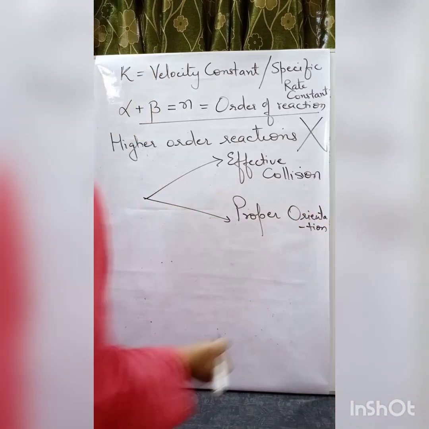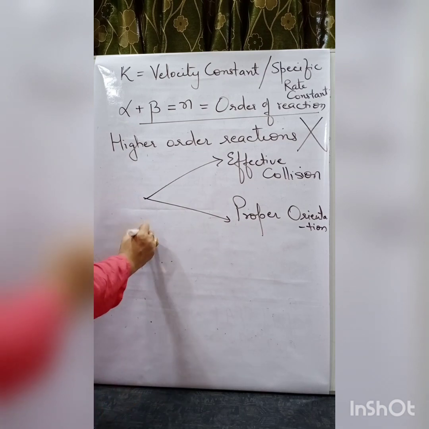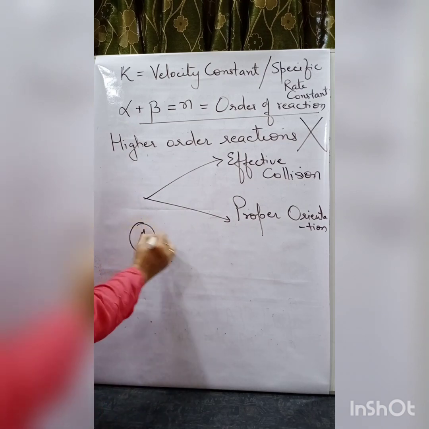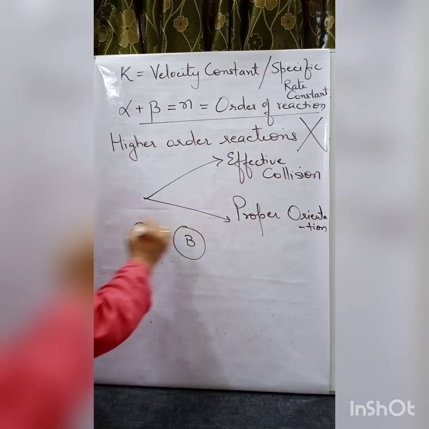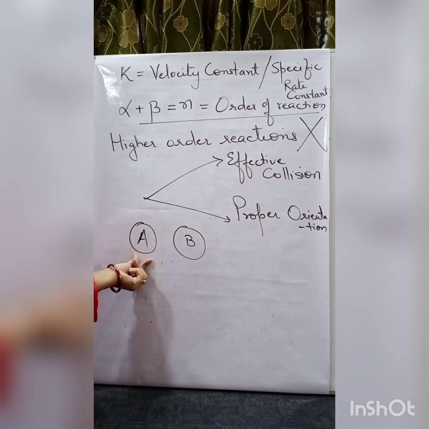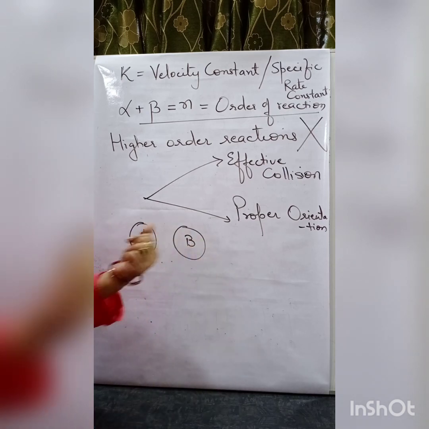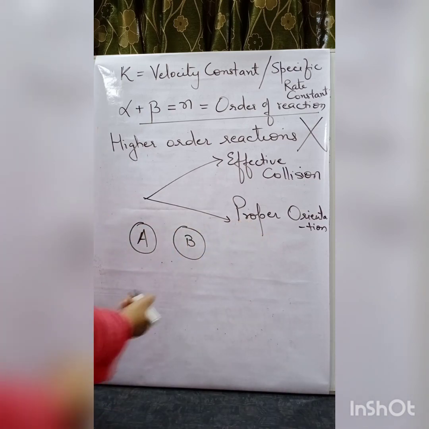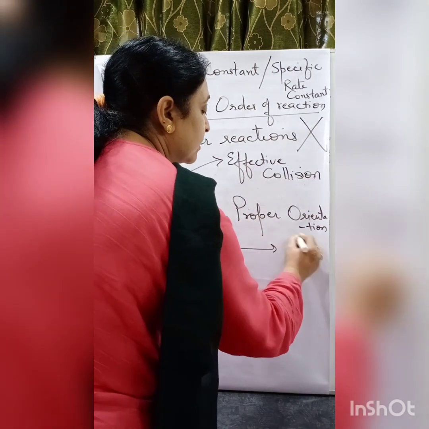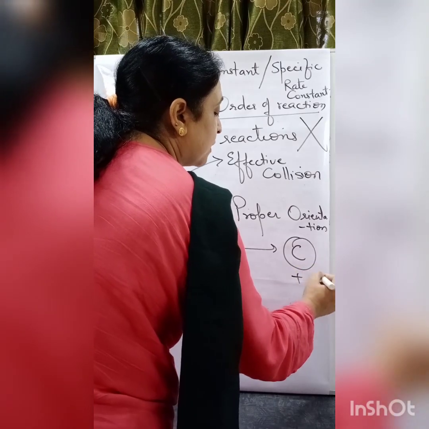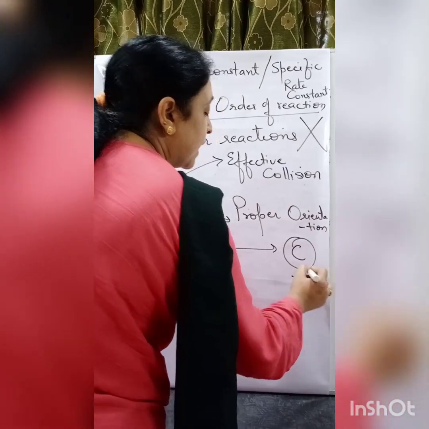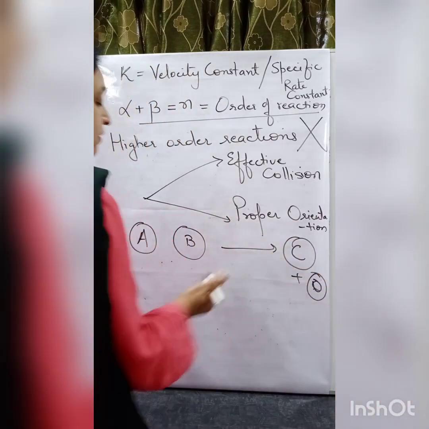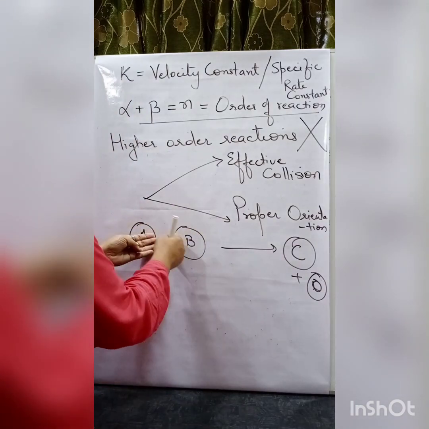You have to keep in mind that suppose I have reactant A and reactant B. This is the molecule of reactant A and this is the molecule of reactant B. When they collide with each other, they get converted into product C and product D. But before getting converted, how should they collide?